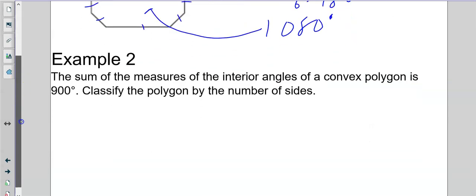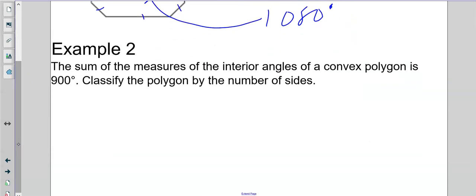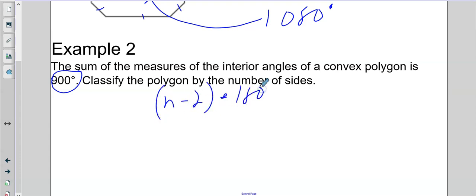All right? Now number 2 is going backwards. Number 2 says we know the sum is 900 degrees. So the formula is n minus 2 times 180 equals the sum. Well, we know the sum, so we just plug it in right here. Well, we need to get to this n.